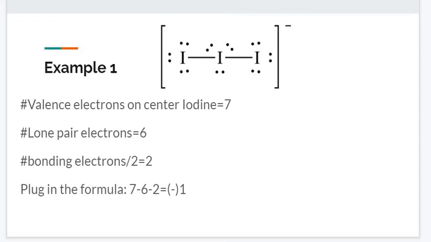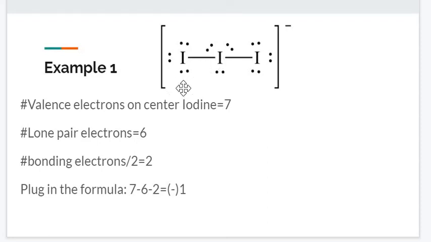Iodine is in group 7A, so it has 7 valence electrons. As for the lone pair of electrons, and this is for the center iodine, there's 6. So we have 6 right over here for the lone pair electrons. As for the bonding electrons, there are 4 on the center iodine. There are 2 bonds, so 2 times 2, yep, there are 4.